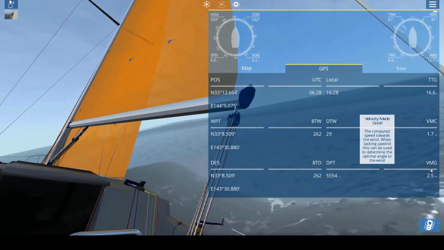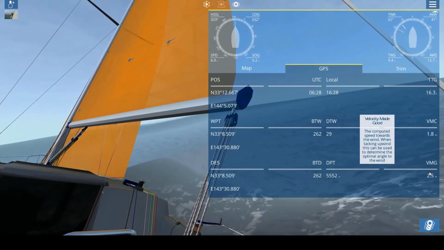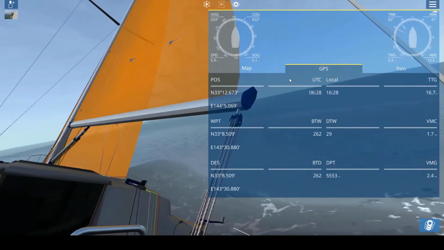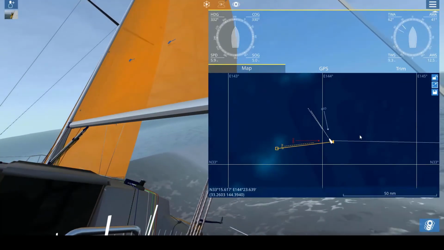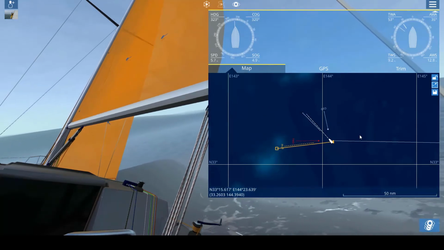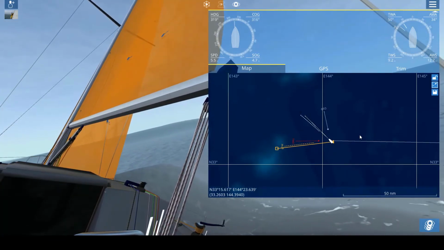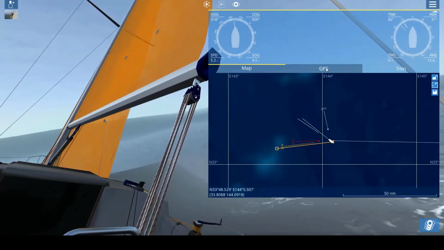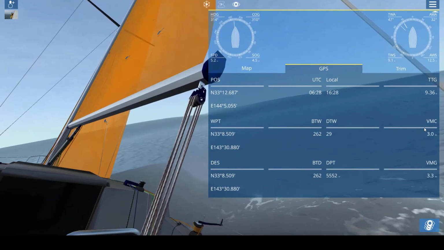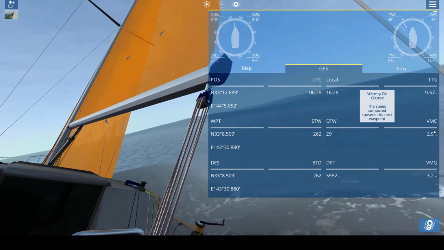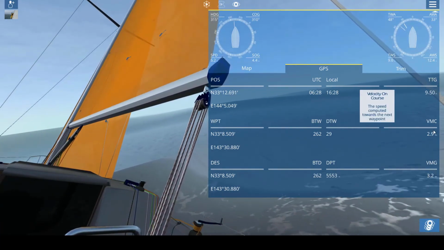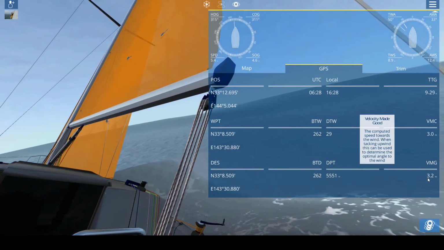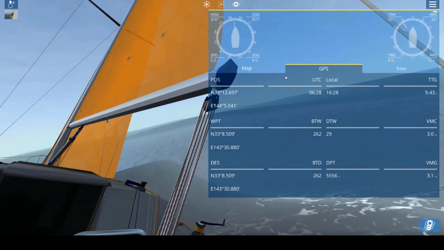So at the moment our speed is 6 knots, our SOG is 5.2, we have a VMC of 1.7. If I change this to about 30, our VMC has improved a little bit to 3, and our VMG is about 3.2.